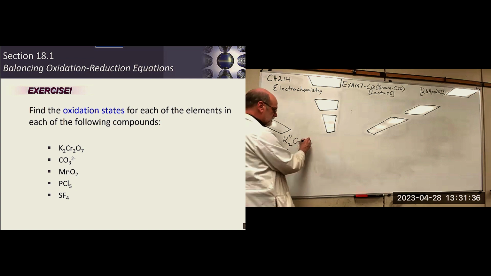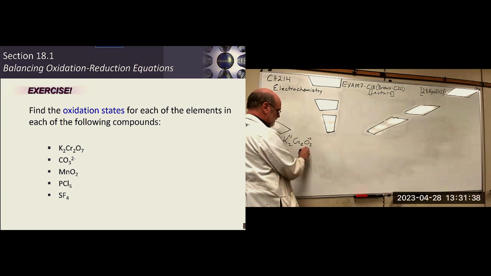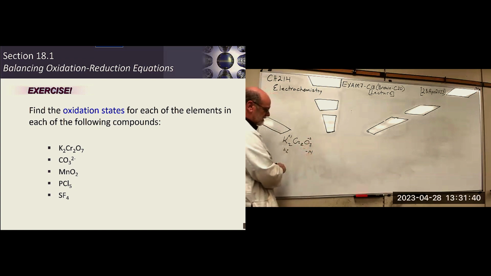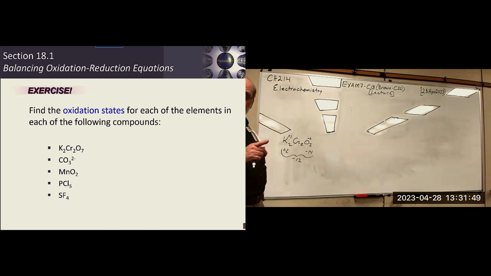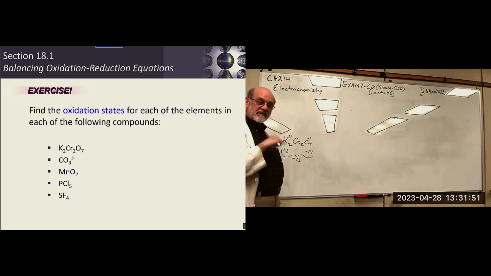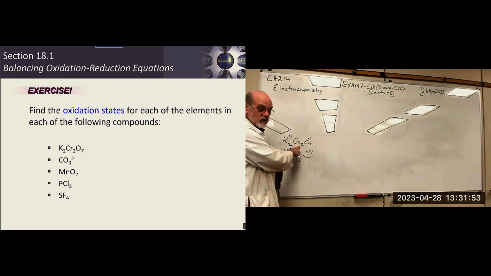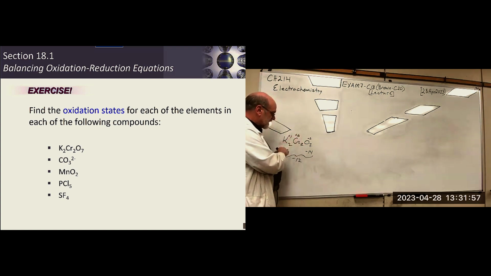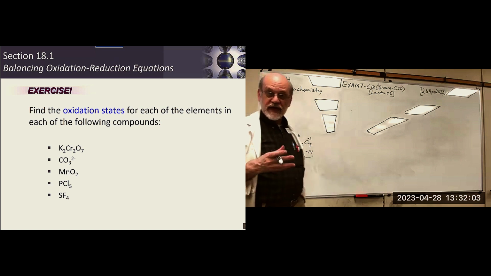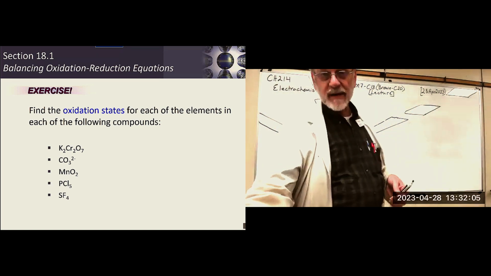We know that the oxygens are assigned a -2. So that's a -14. Now we put those together, we get a -12. That's the charge that needs to be balanced by the chromium. And we have 2 chromiums. So each one of them must be a +6 to give us a +12 and balance the charge for that compound.